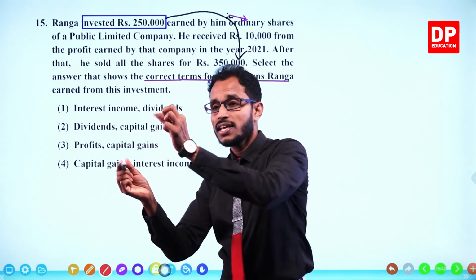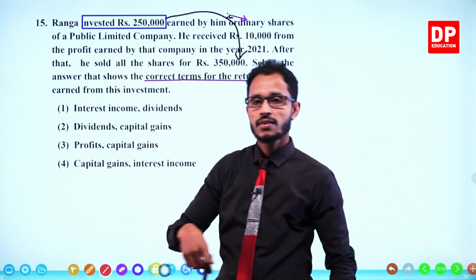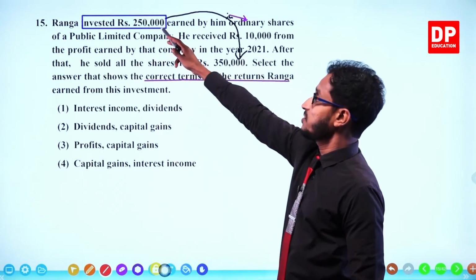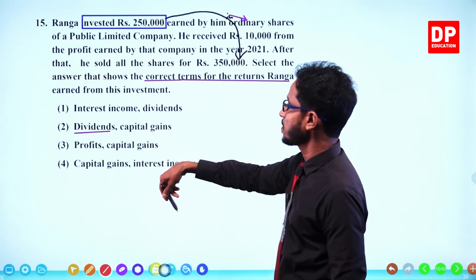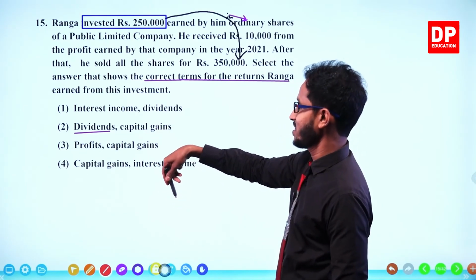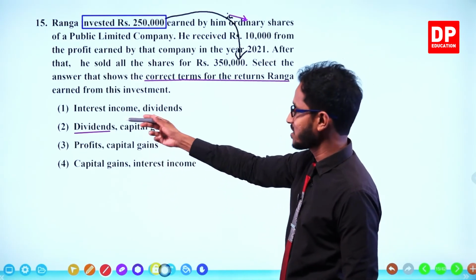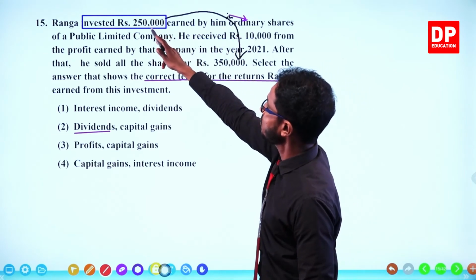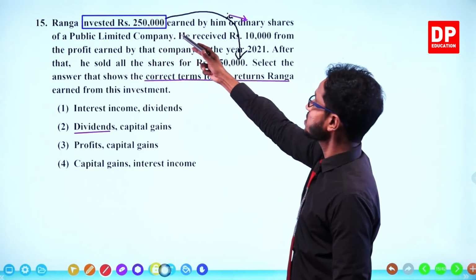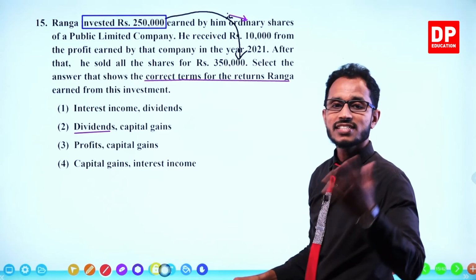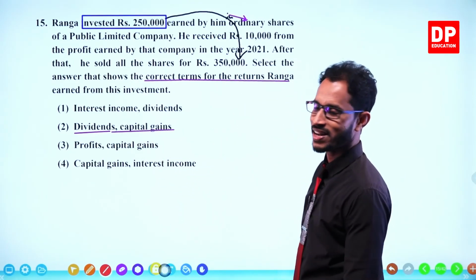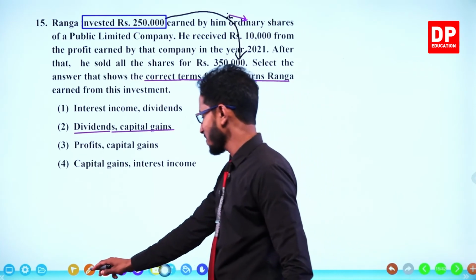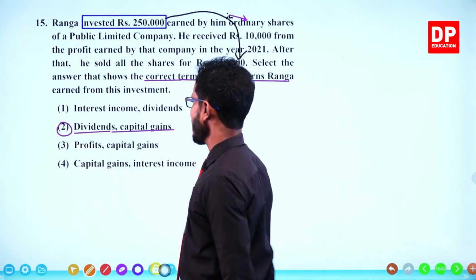The profit of the company, his share is given to him, dividends. That is the only answer that has dividends. If he sold 250,000 worth of shares for 350,000, that is a capital gain. Second is the capital gain earned by Ranga. That is the answer.